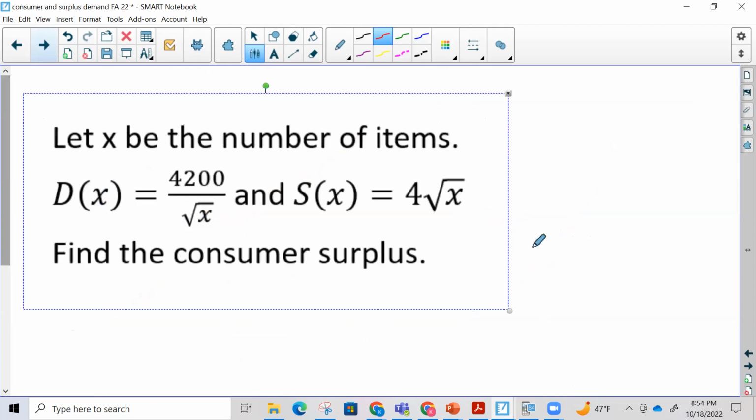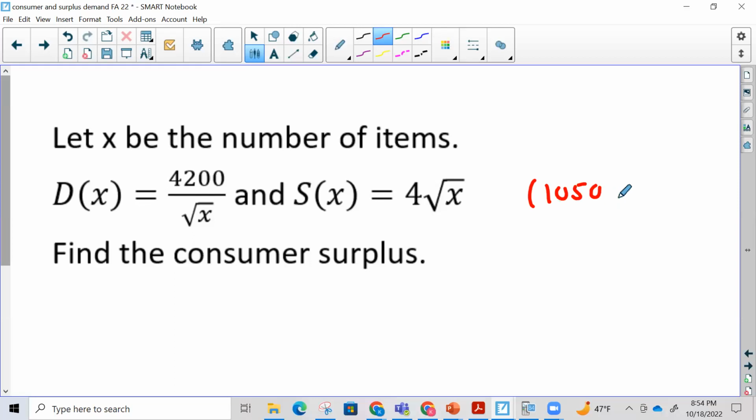Okay, so let's look at that example that we did for the equilibrium point in the video before. We found that equilibrium point to be 1050 and 129.61. So this was my Q star and this was my P star. We want to find the consumer surplus. You can graph it to help you visualize it. When we do the consumer surplus, the formula is always the integral from 0 to Q star, the x value.